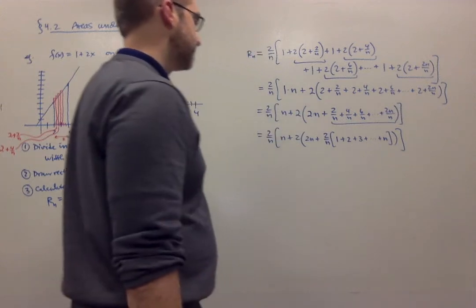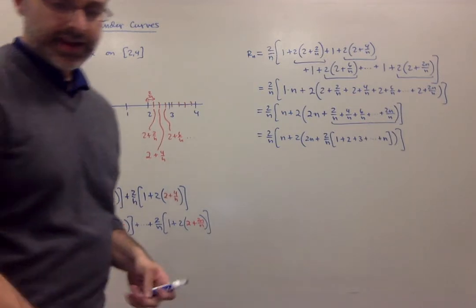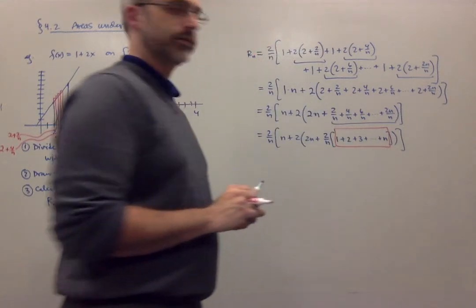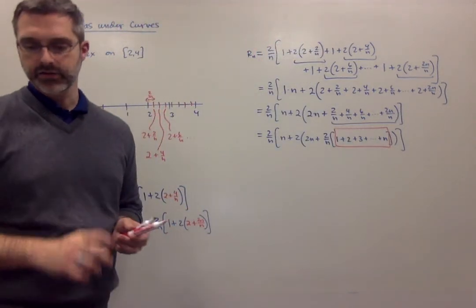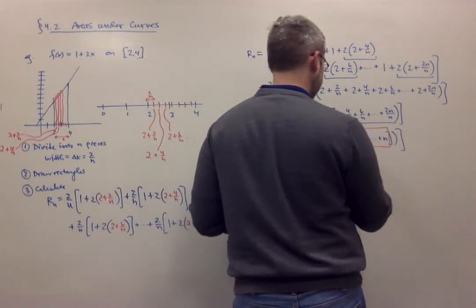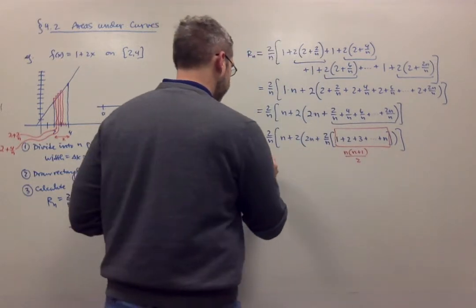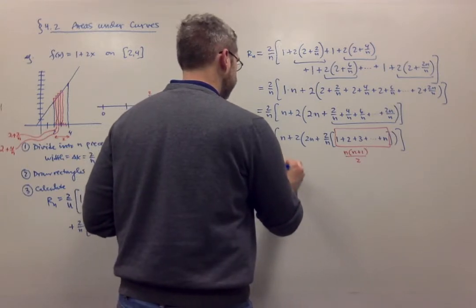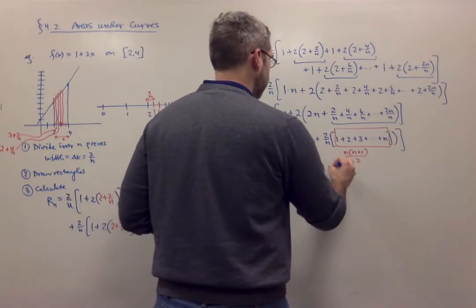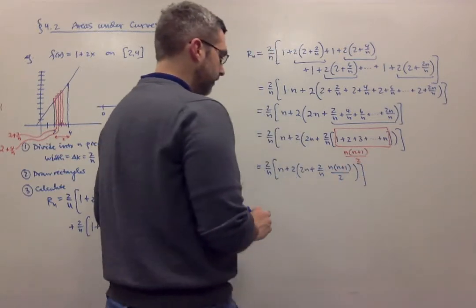Okay. Now, the nice thing there is that we have a formula for this, right? We have a really nice formula for that. 1 plus 2 plus 3 all the way up to n. That's on your summation rules here. That turns out to be n times n plus 1 over 2. So let's fill that in and see how we can get some of this cleaned up now. We've got 2 over n times n times n plus 1 over 2. So let's do a little bit of cancellation here.